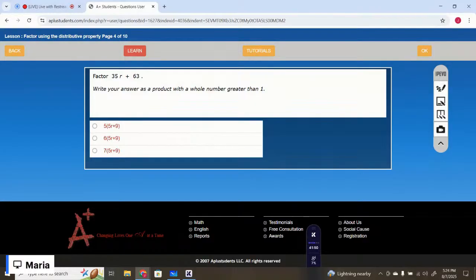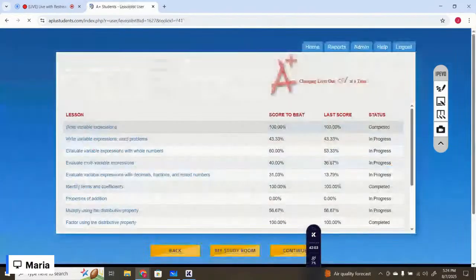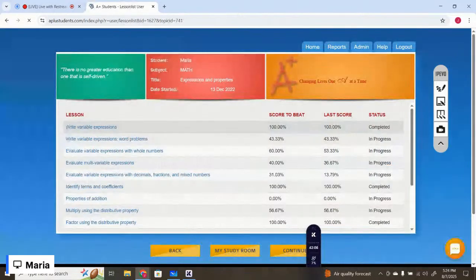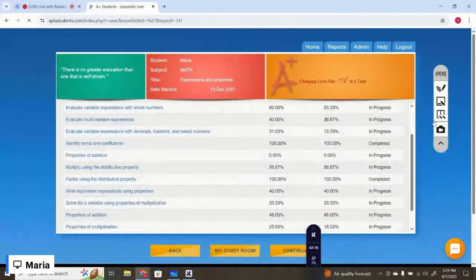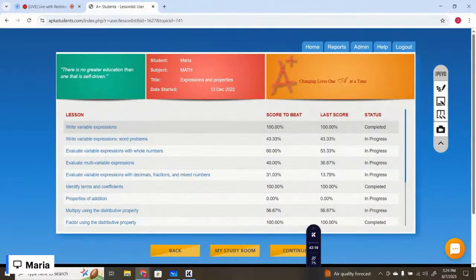So 7 times 5 is 35 and 7 times 9 is 63. So option number 3 is the correct option. That is 7 times 5r plus 9. Okay, the next one is write equivalent expressions.